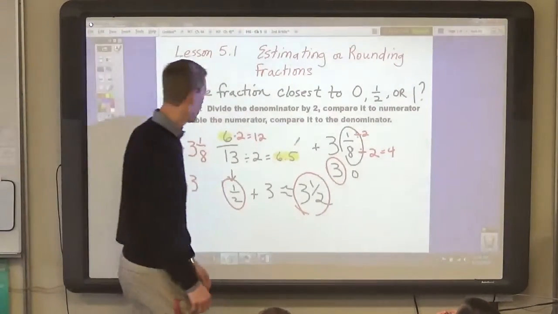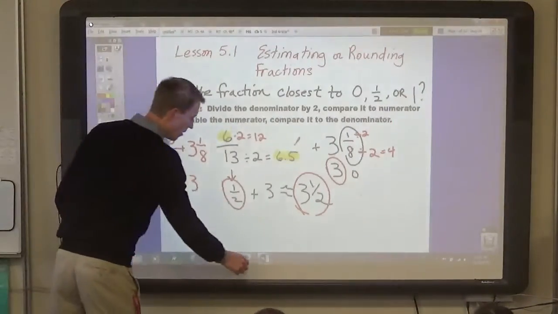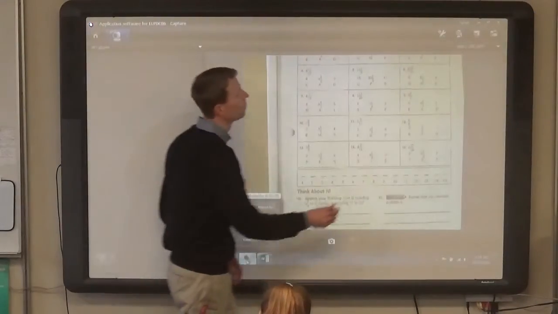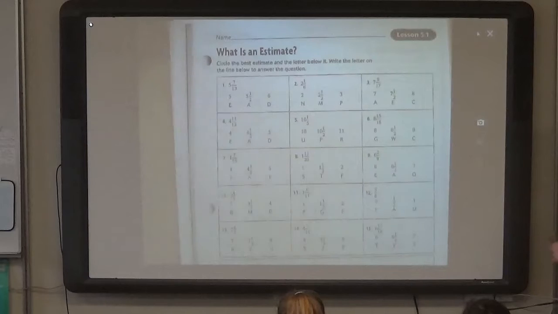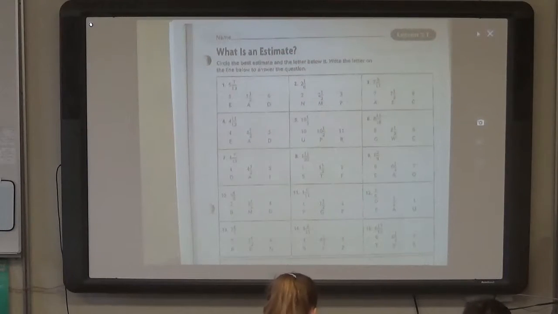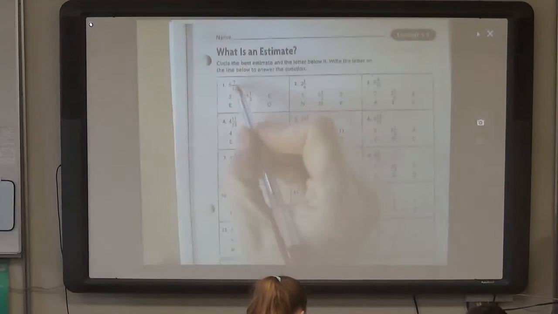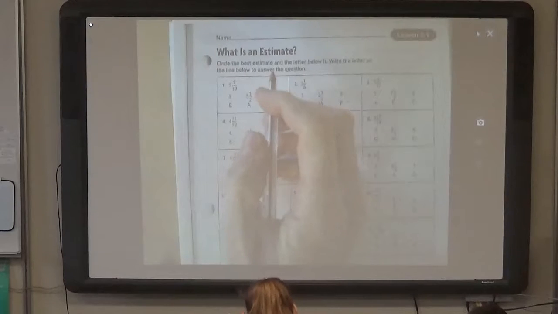Look at your sheet. I like how the worksheet has you look at these. We're going to look at each one and tell if it's closest to 0, 1, or 1/2. And then figure out the estimate. So the first one, 7/13. We just looked at 6/13, right?